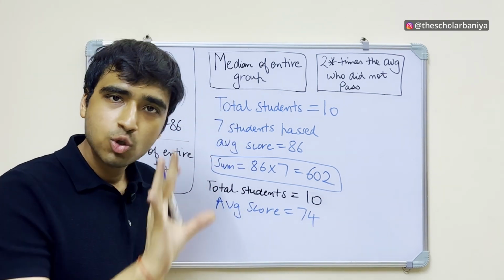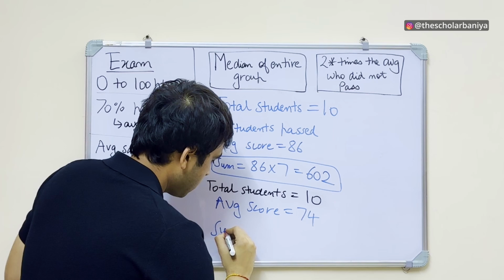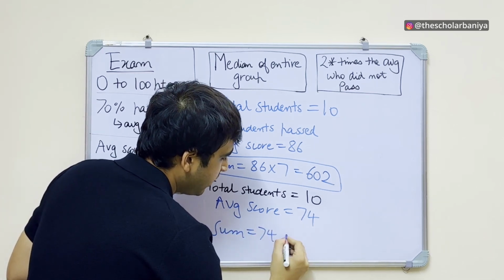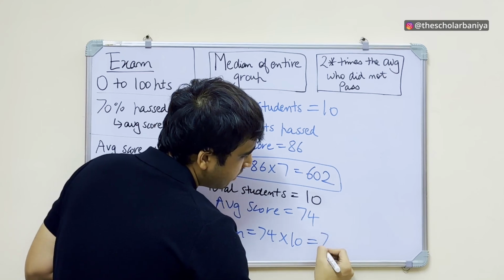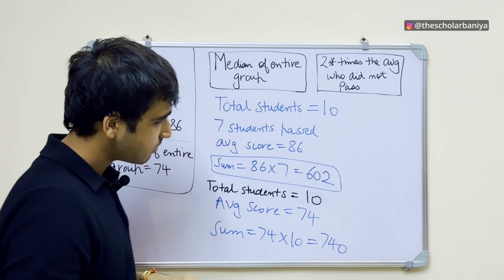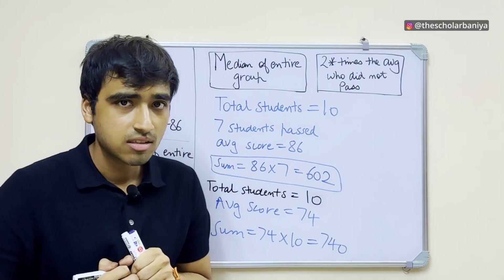So what will be the total sum? The sum will be 74 into 10, which is 740.